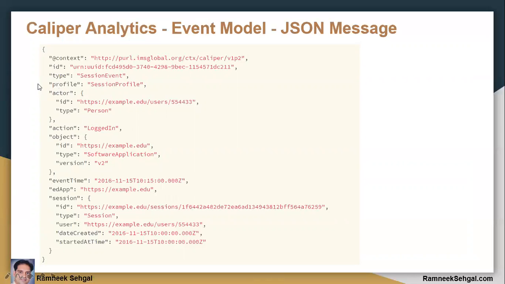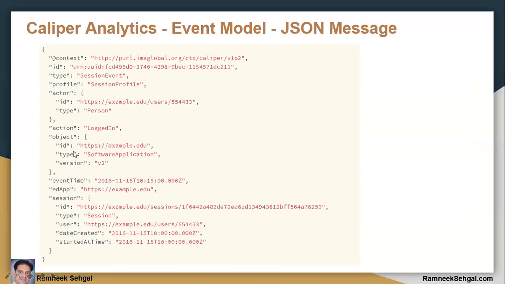And we just learned the types of profiles. We saw there were 15 profiles. One of the profiles is the session profile. In this particular example, we are seeing a session profile, and each profile has subtypes, which are called event types. In this particular case, we are seeing a session event.